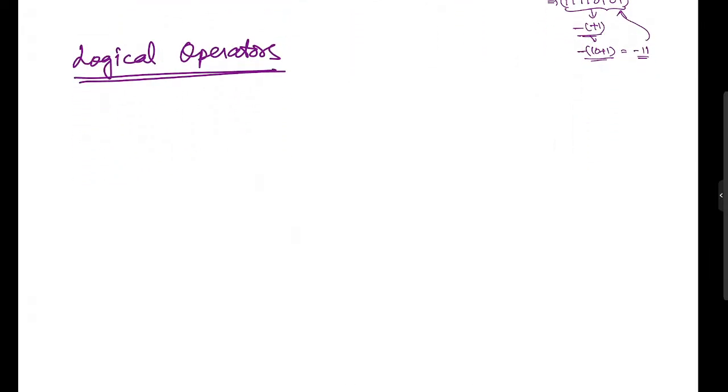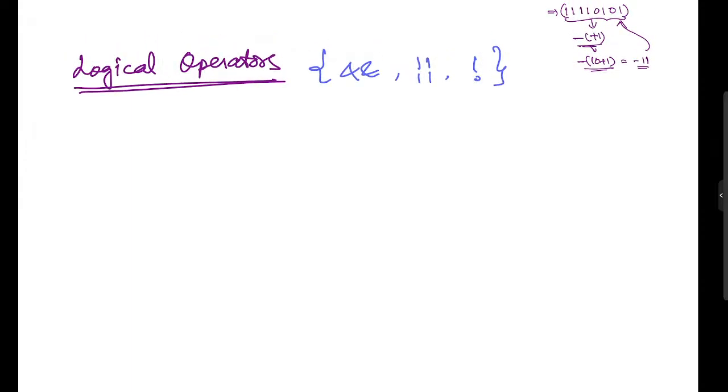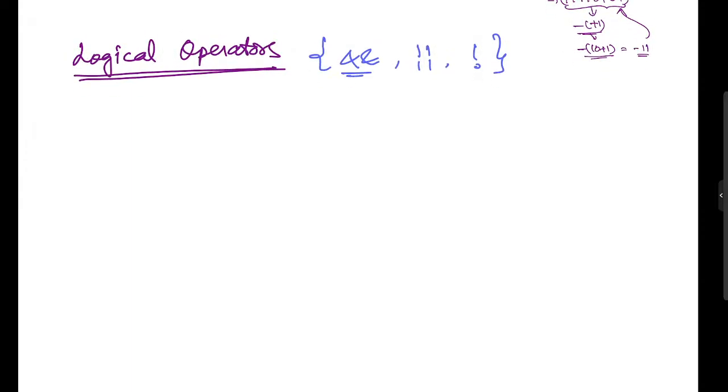The operators we generally have in logical are and, or, and we also have logical not. These are also known as short circuit operators.